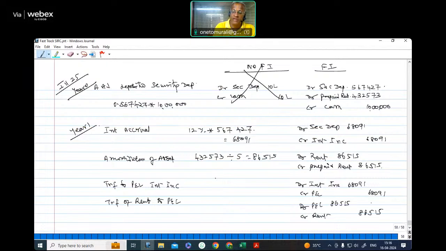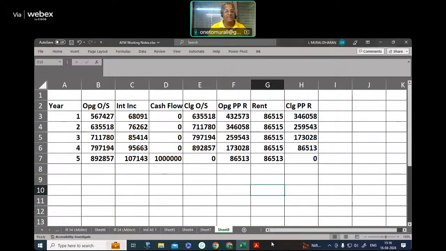So therefore, the sum that you are transferring in each one of those years, when you total up, let's see how much we are ending up with. Interest income is this. Rental income is this. Both are having 0 effect. $432,573 is the credit to P&L account.